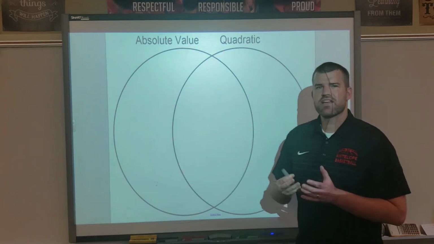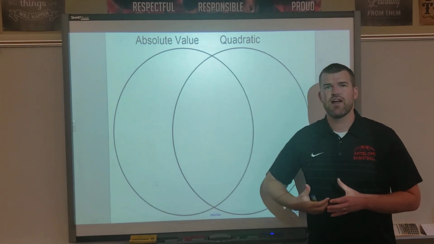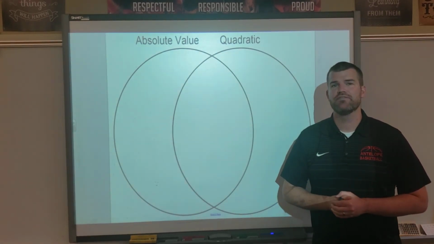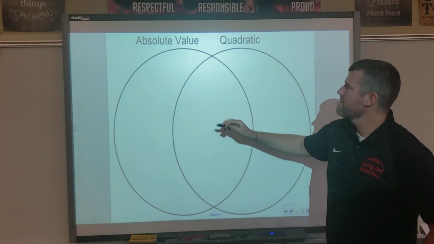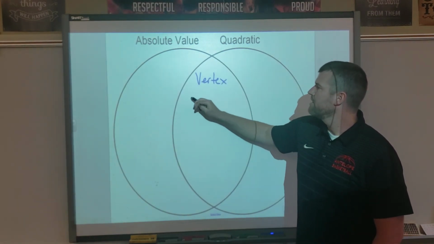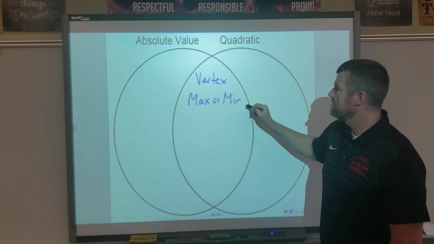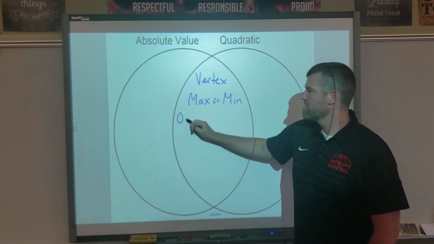All right, so just to kind of summarize at the end here, absolute value and quadratics, their graphs are very similar. They have a lot of things in common. Some of the things they have in common, they have a vertex, they have a max or a min. They're gonna open up or down.